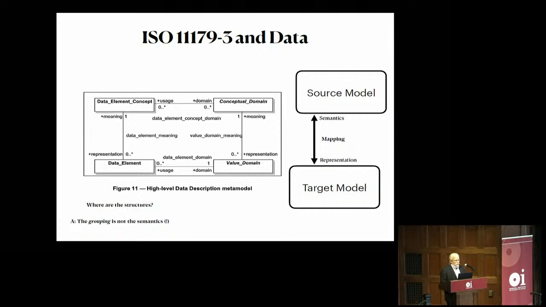One of the things that ISO 11179 gets dinged on on a regular basis, and in fact it got thrown out of a rather important NCI project several years ago, is the fact that it doesn't have any model of data structures in it. All it does is it talks about data elements or datum.